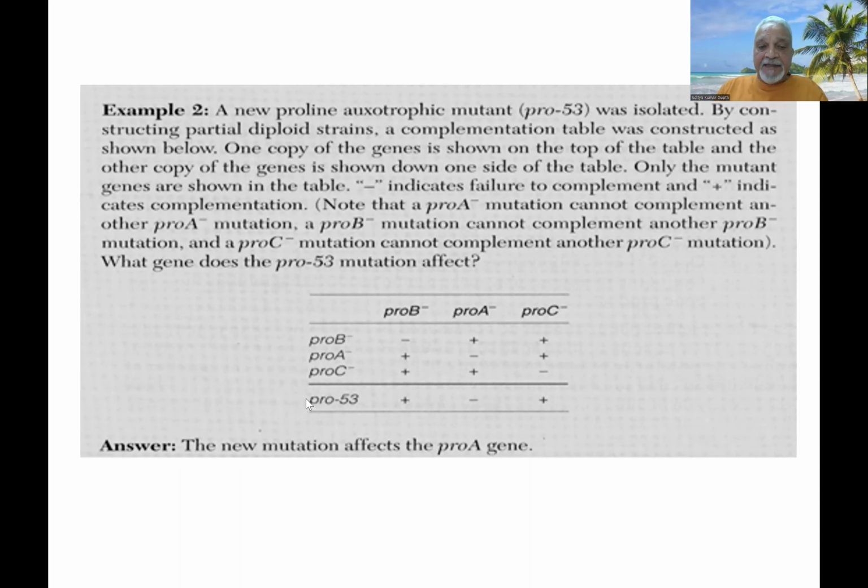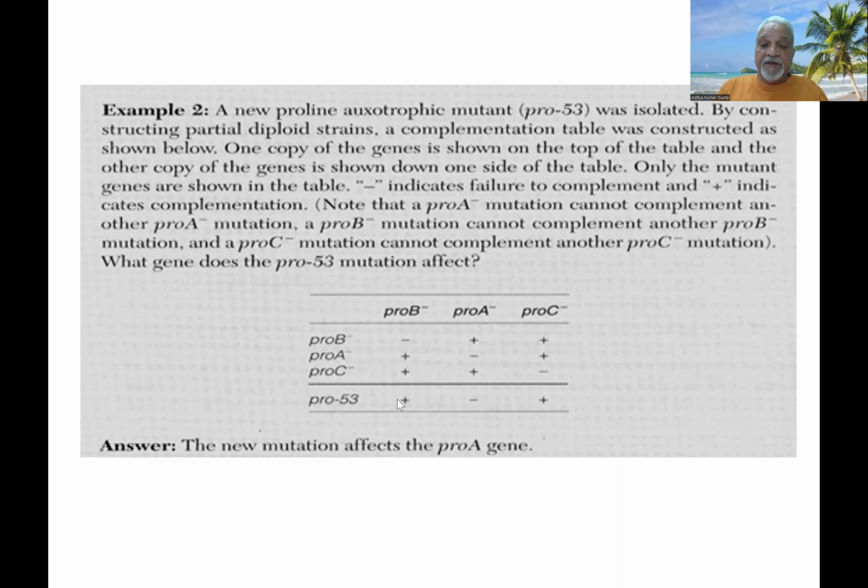And in the mutant, where we don't know where the mutation is, if you look at this cell, the result is that it regains the wild type phenotype. That is, it is B minus, but it is B plus here. So it is regaining the wild type phenotype.